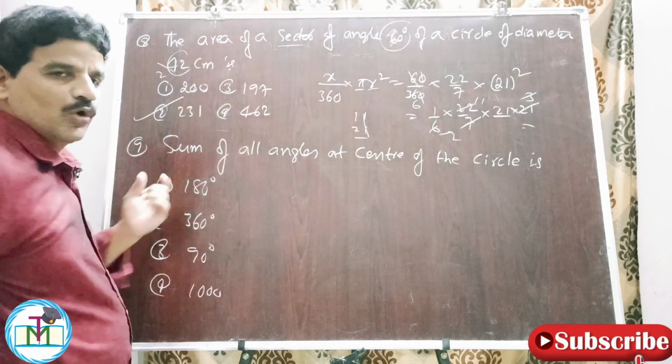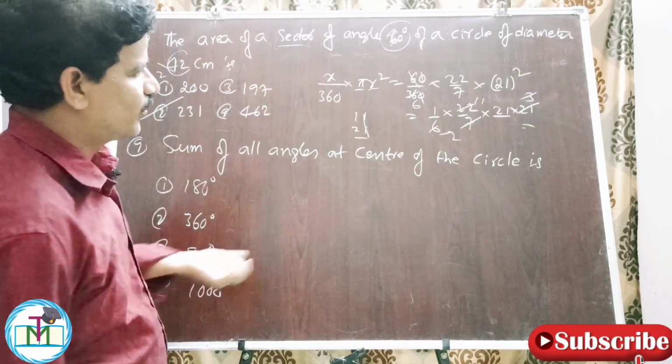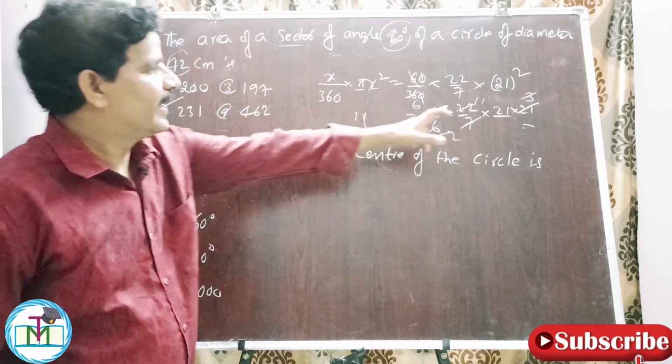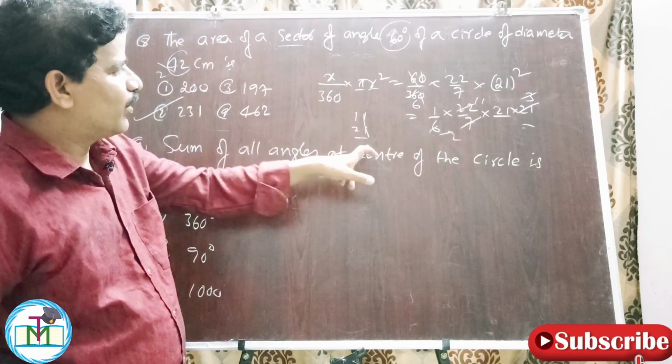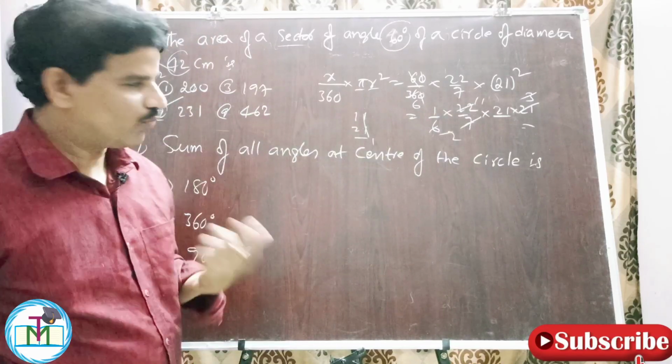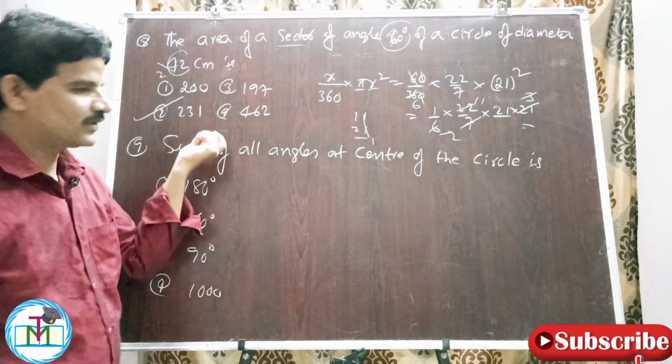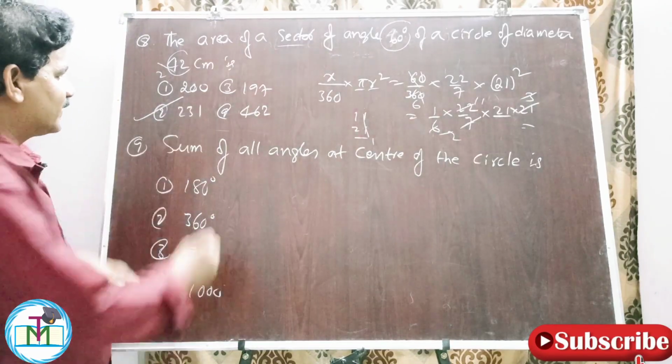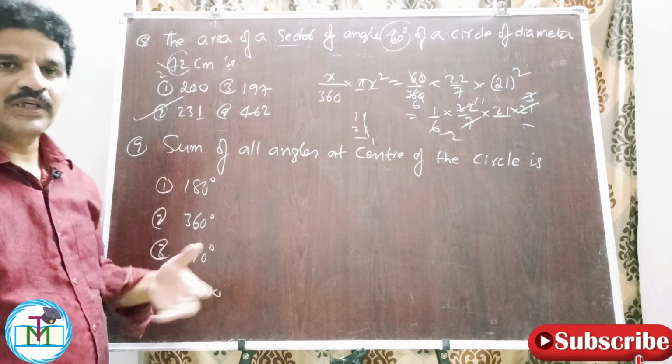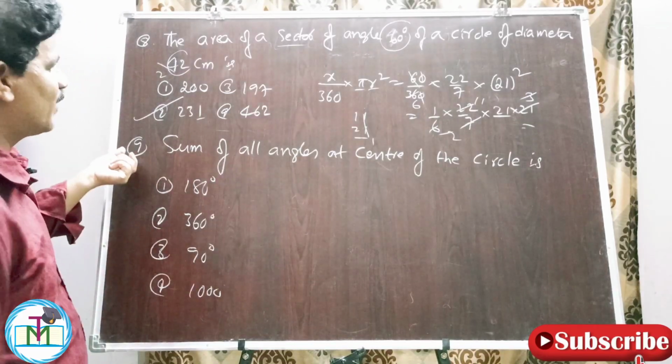Therefore option 2, 231, is the right answer. So at the end after simplification we got 11 into 21. Unit digit should be 1. Therefore in the given 4 options, option 2, 231, has unit digit 1. Therefore option 2, 231, is the right answer.